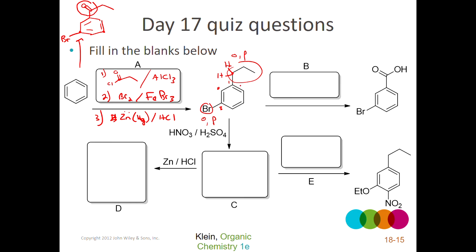So then I want to look at what step B involves. I can see the bromine is unchanged, but what's happening here is I'm going from 3 carbons to 1, and I'm oxidizing this.